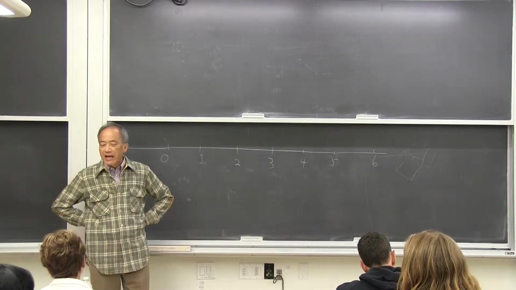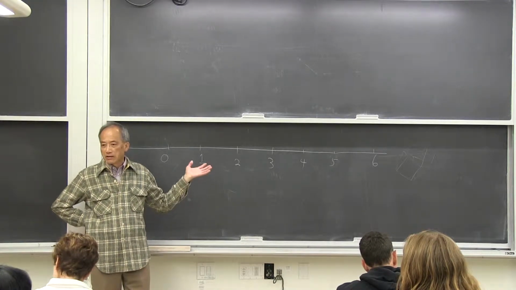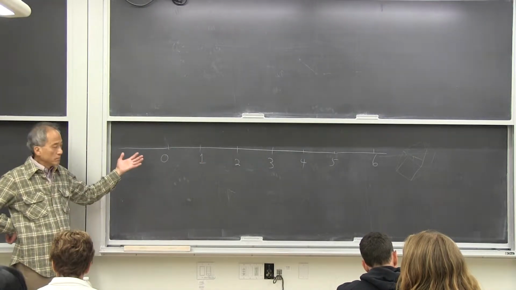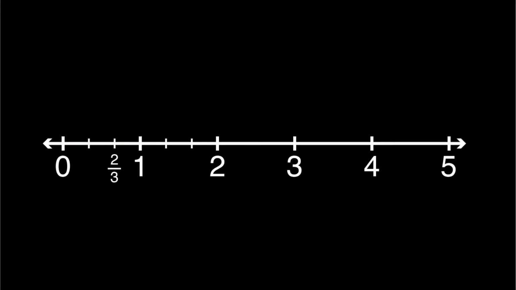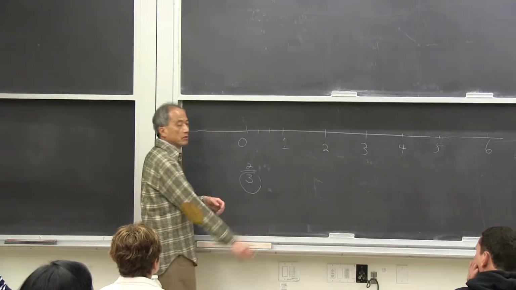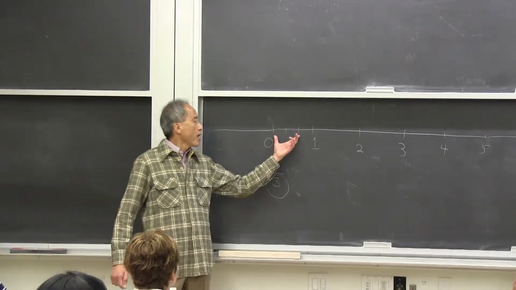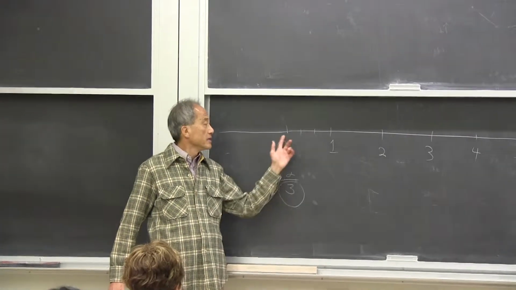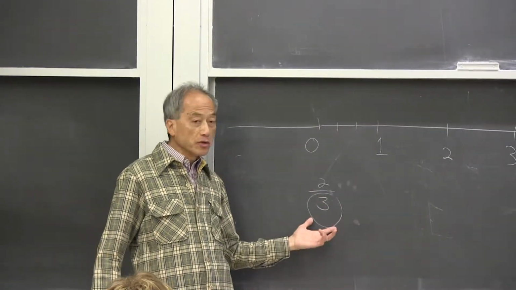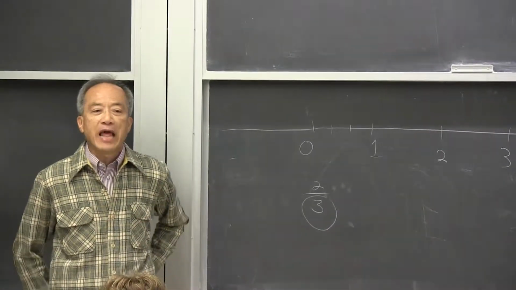The advantage of that is uncountable. For example, I say 2/3, a number like 2/3. This tells you how many equal parts you divide what we call the unit segment. 0 to 1 is called the unit segment. You divide the unit segment into 3 parts of the same length.